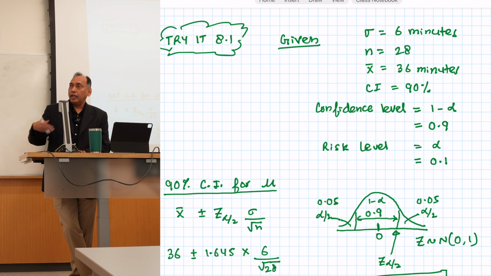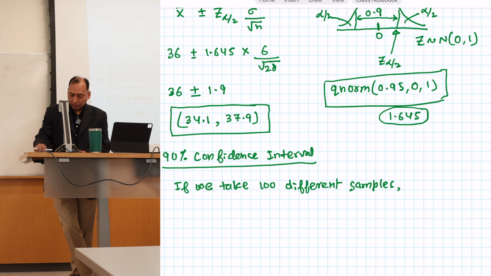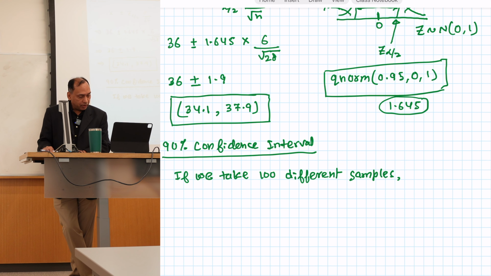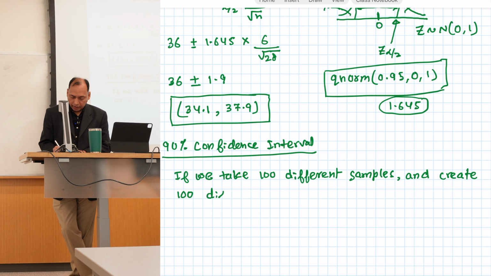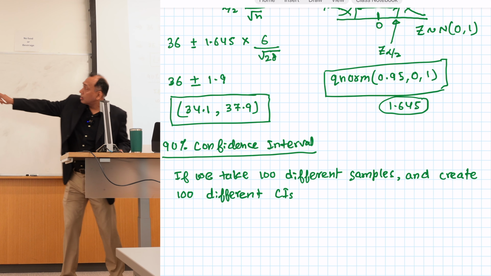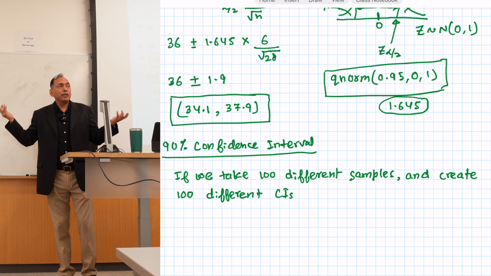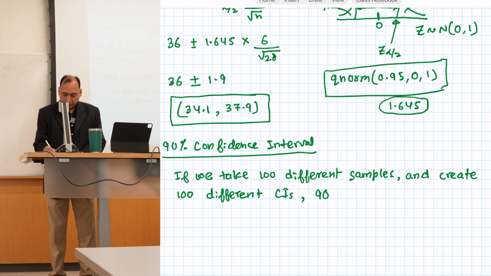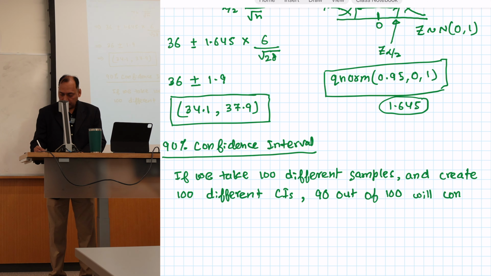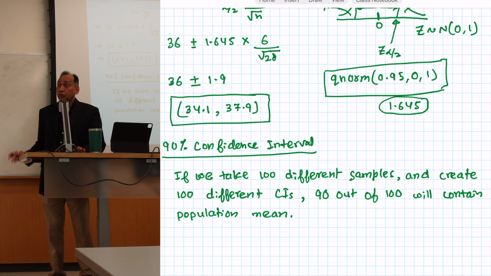If you repeat that same thing like 100 times, so if we take 100 different samples and create 100 different confidence intervals, CIs, because this is just one confidence interval. If you repeat this process 100 times, you will get 100 different confidence intervals. 90 out of 100 will contain population mean, which we don't know.